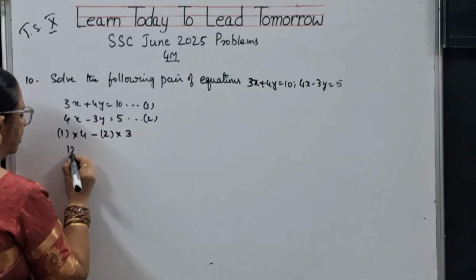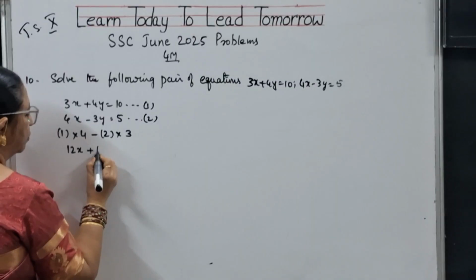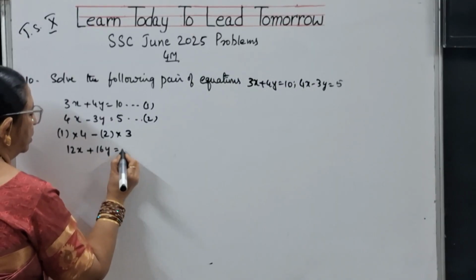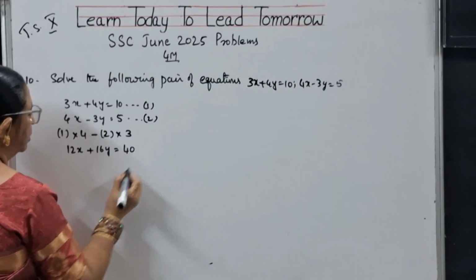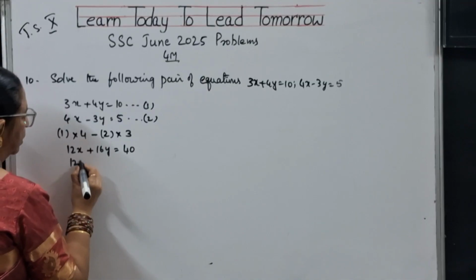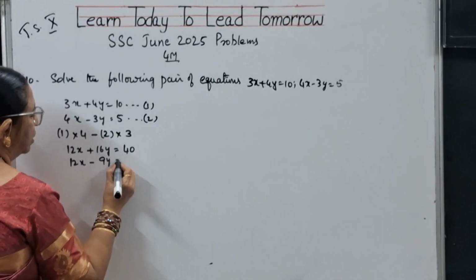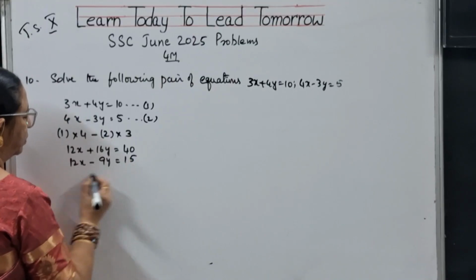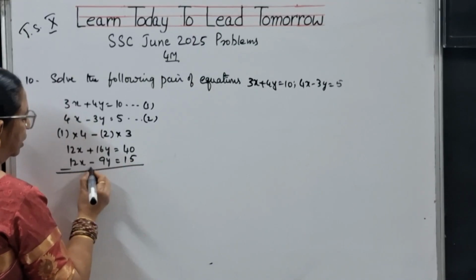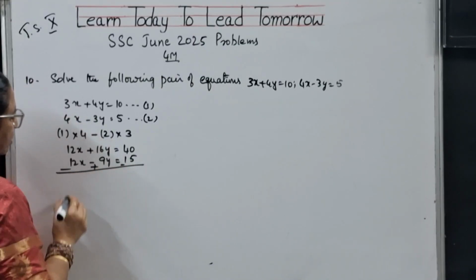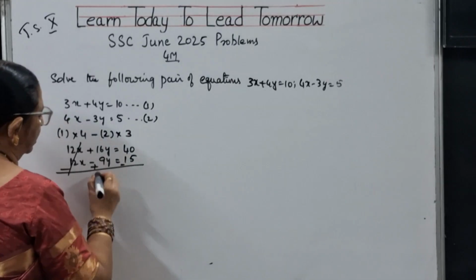So 4 3s are 12x plus 4 4s are 16y is equal to 4 10s are 40. 3 4s are 12x minus 3 3s are 9y is equal to 3 5s are 15. So on cancellation, subtraction, signs will change. These two will get cancelled.